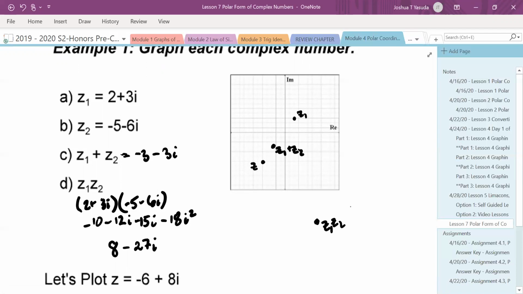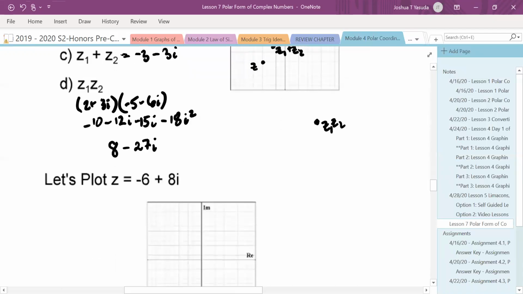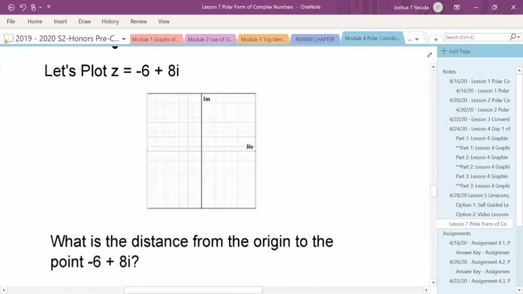So let's try to tie this into what we're doing here today. So let's go to this one. We're going to plot it, and then we're going to see if we can figure out the distance from the origin. I'll give you a second to plot it on your own if you want. Okay.